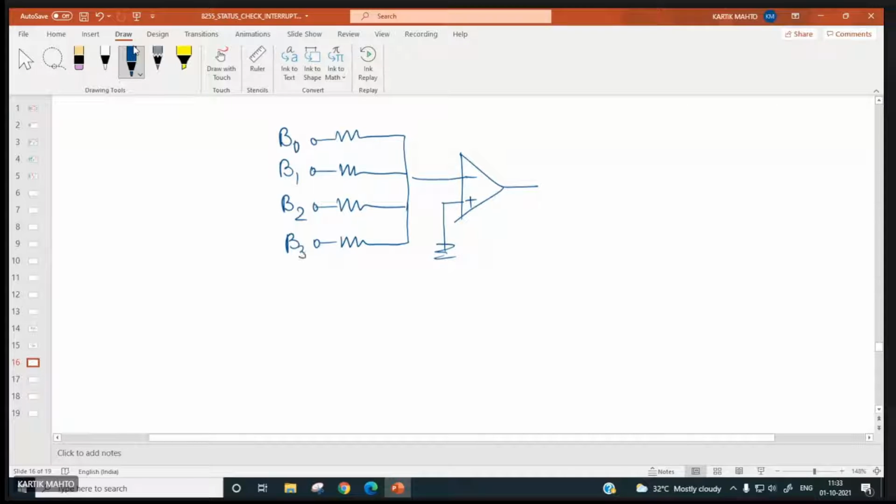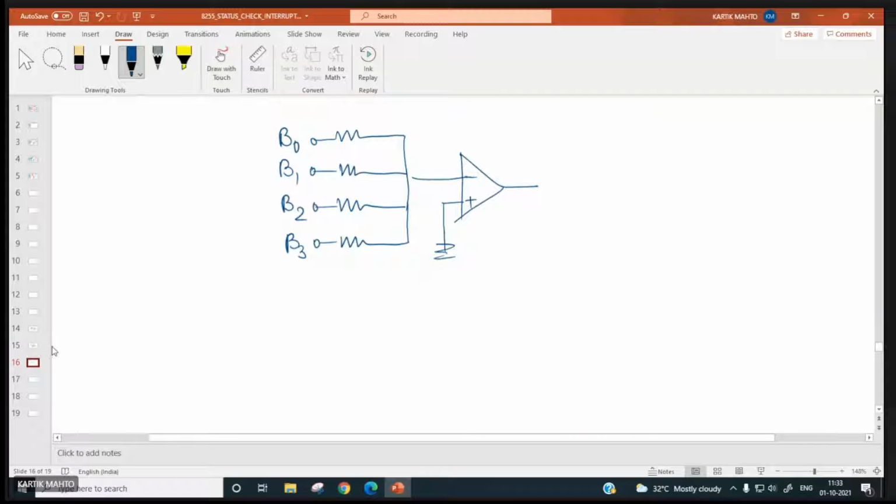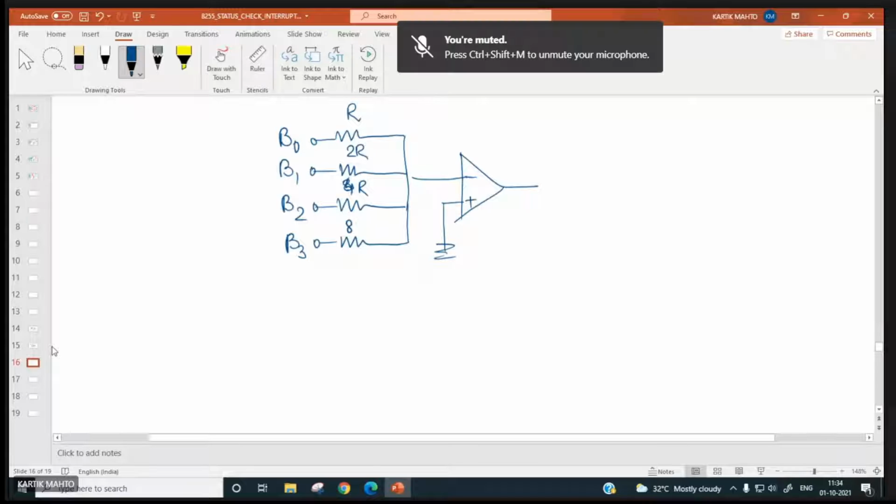Okay. And here you see what I have written. This is how much? 1. This is how much? 2. This is how much? 4. This is how much? 8. So with B0 you have R. With B2 you have 2R. With this, sorry, 4R. And then 8R. And here I will use R.